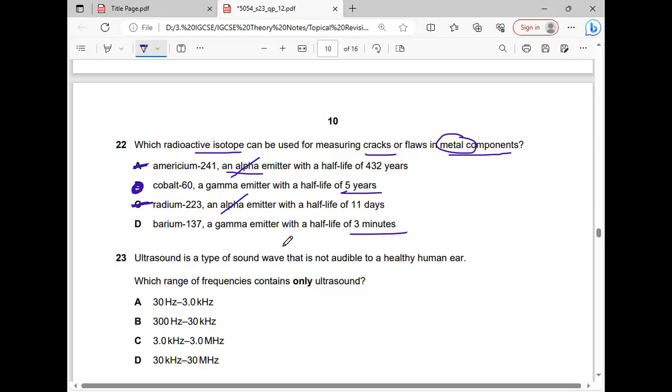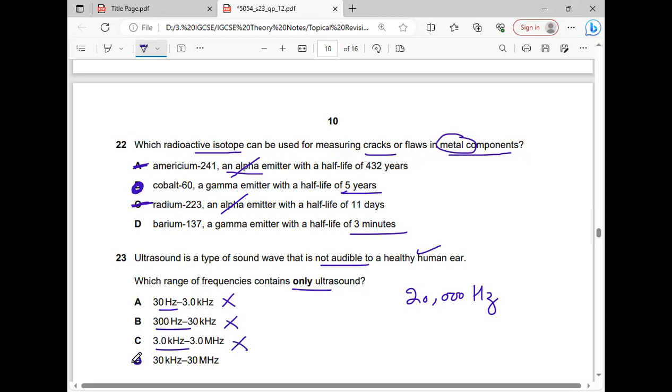Ultrasound is a type of sound that is not audible for the healthy human ear. Yes, that's fine. Which range of frequencies contains only ultrasound? We know that ultrasounds are sounds having frequency larger than 20,000 hertz. 30 hertz? Not. 300 hertz? Not. 3000 hertz?